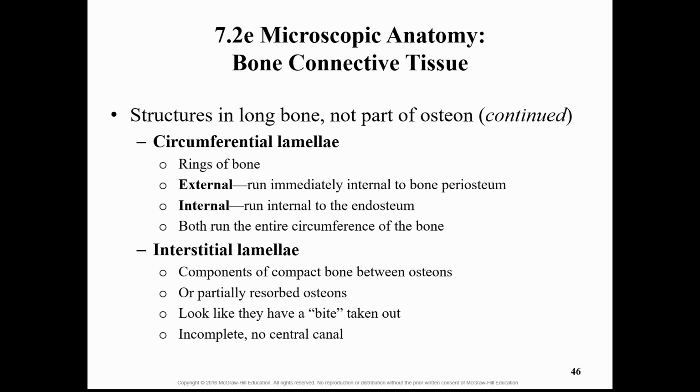And then, as you need to deposit calcium, you're going to fill up those holes, and that's what causes a nice round osteon. So as this occurs again and again and again, you get these overlapping circles where the new ones are the circumferential and the older ones are the interstitial.